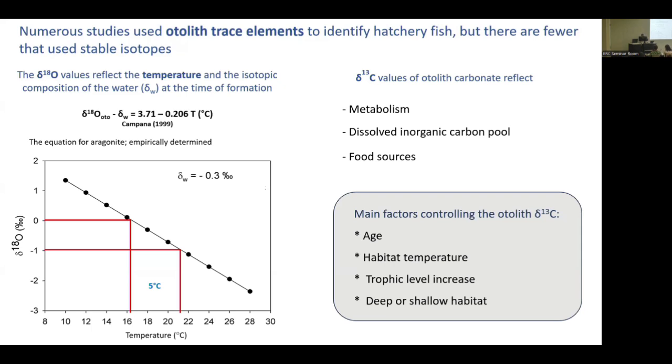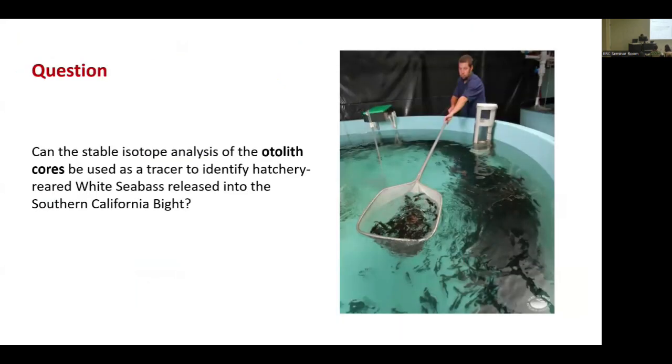So the question is, based on this restocking program, if we can use the stable isotope as a tracer to identify the white sea bass from the hatchery released in the Southern California Bight.